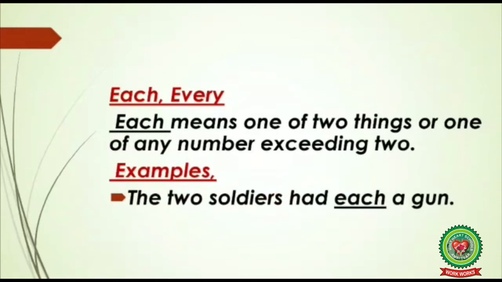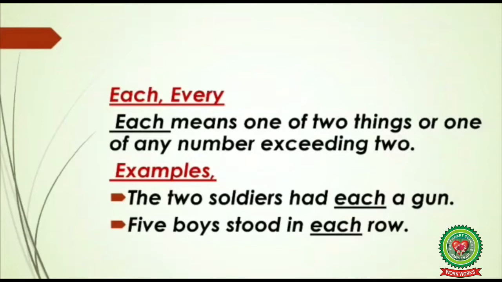Children, here we are referring to two persons, so each has been used. 5 boys stood in each row. Here, each row means there are more than 2 rows. Supposing there are 5 rows, 5 boys stood in each row. That means there are total number of 25 boys and each row has 5 boys.